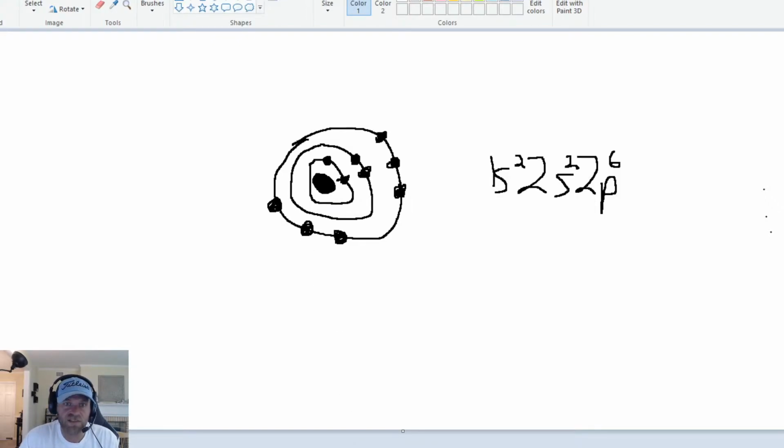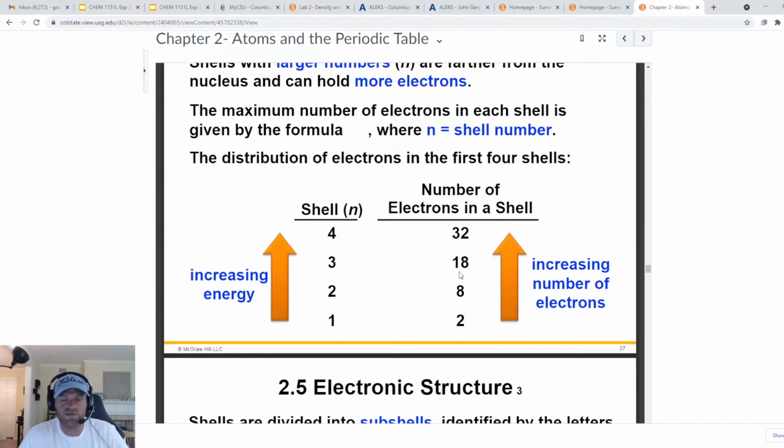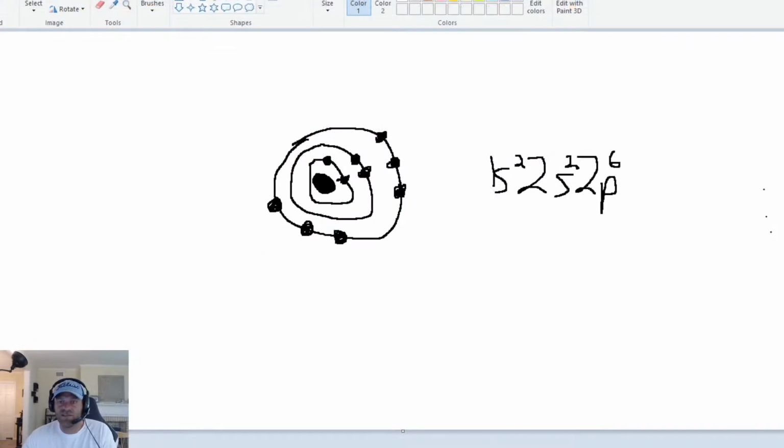Alright, so we said that the energy levels, shell 1, energy level 1 can only hold 2 electrons. So this is the 1s that you see there, okay? 1s2. I got 2 electrons on the number 1, and that's all that I can fit. Then I go to energy level 2, and that's how come I put this 2 up there for 2s.